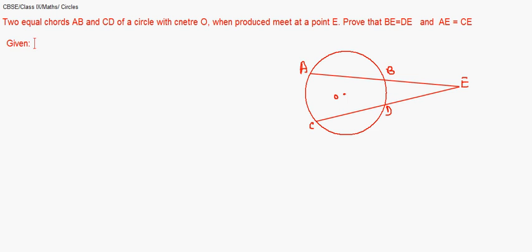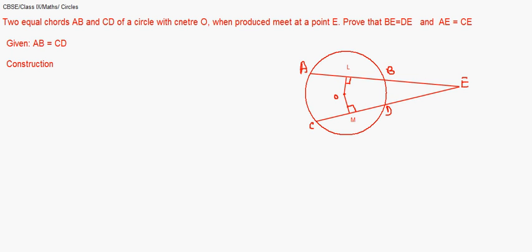The given part is AB is equal to CD. We now know what is to be proved, that is BE equals DE and AE equals CE. That I'm not writing, but the construction part we'll need here is to draw a perpendicular from this O to AB and another perpendicular from O to CD, and we name them as L and M. I'll draw this to be perpendicular.